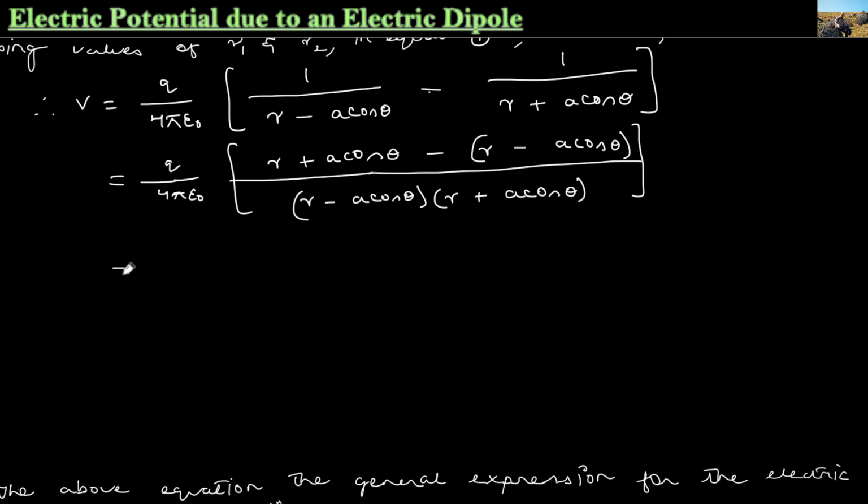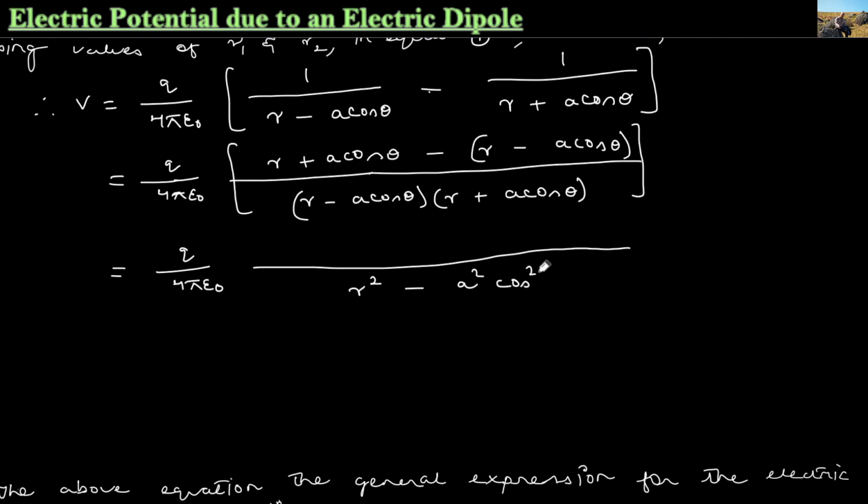Then from here, it is quite obvious that this will be q divided by 4 pi epsilon naught. The denominator is like a square formula: we have r minus a cos theta and r plus a cos theta, so we'll have r squared minus a squared cos squared theta.